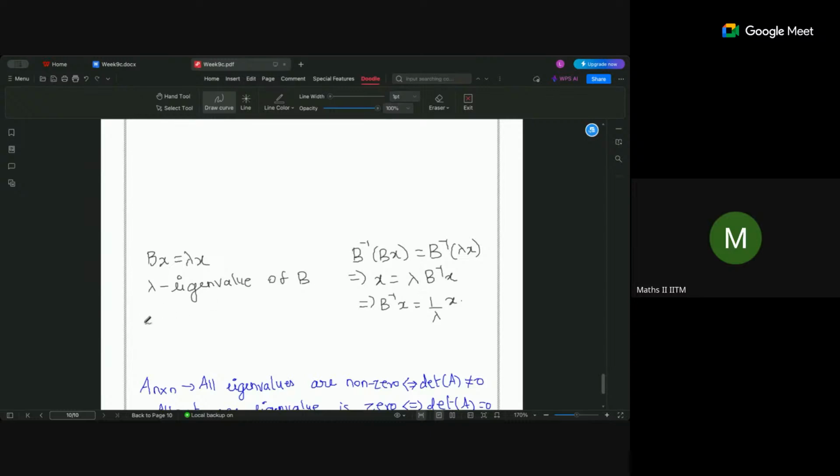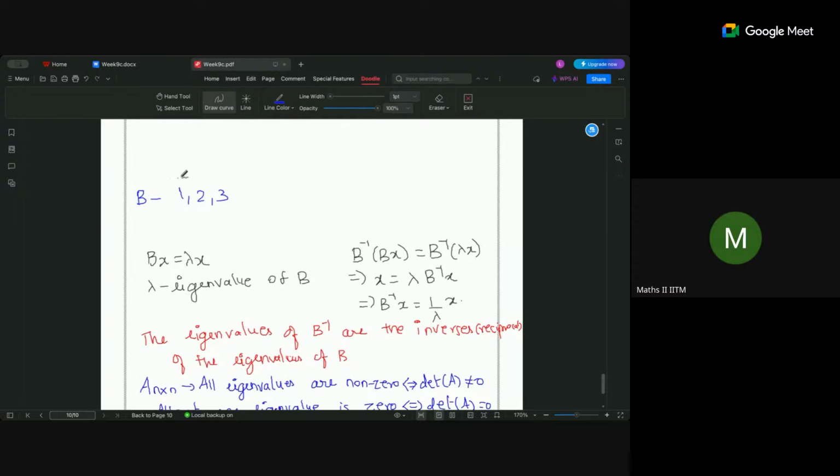Okay. So what is the conclusion? The eigenvalues of B inverse are the inverses, or reciprocals, of the eigenvalues of B. Okay, so suppose you have a matrix B whose eigenvalues are 1, 2, 3.